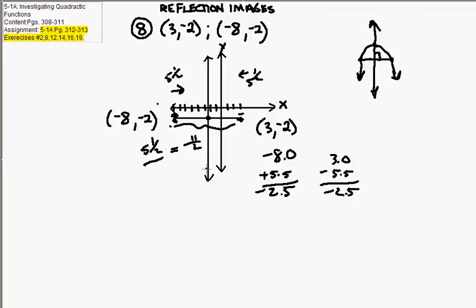Right, so this is crossing at negative 2.5. So the line of symmetry would be x is equal to negative 2.5. That would be my answer given that problem.